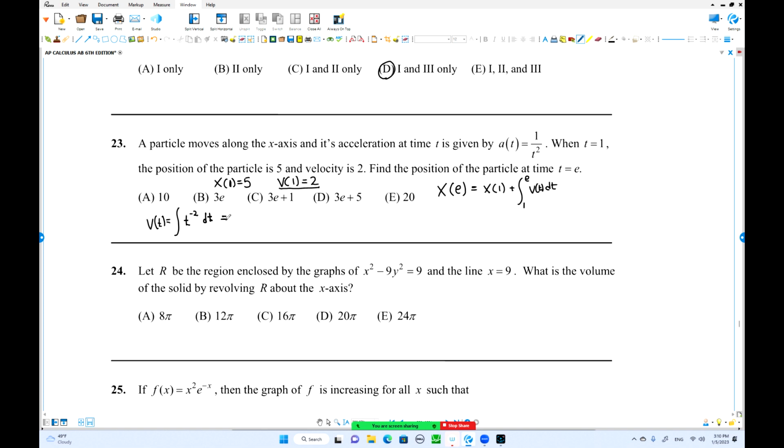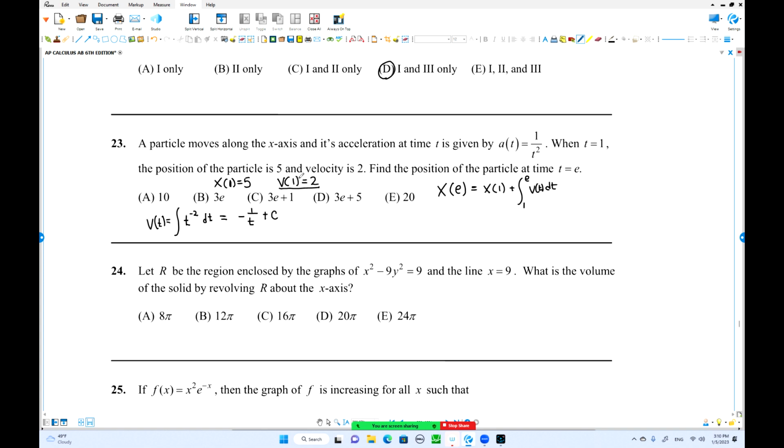Are you okay with this? What is the antiderivative of t to the negative 2? Plus 1 is negative 1, divided by negative 1, that is negative 1 over t. That is the antiderivative, plus c over there.